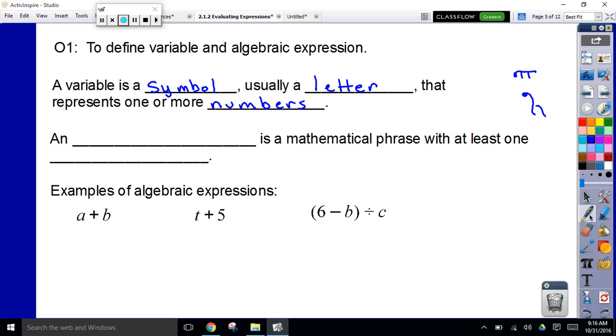An algebraic expression, and we have ghostwriting going on today, which is appropriate because it's Halloween. An algebraic expression, to carry that up there a little bit, is a mathematical phrase with at least one variable.